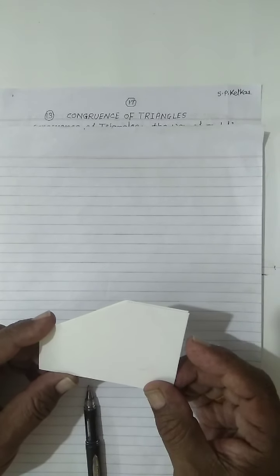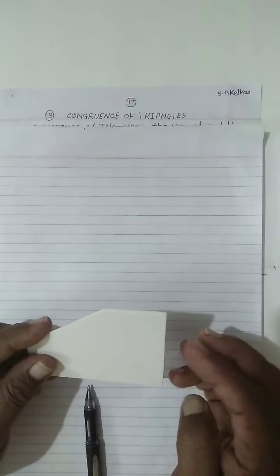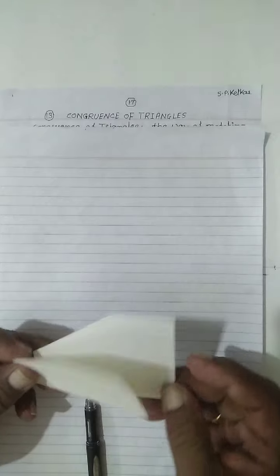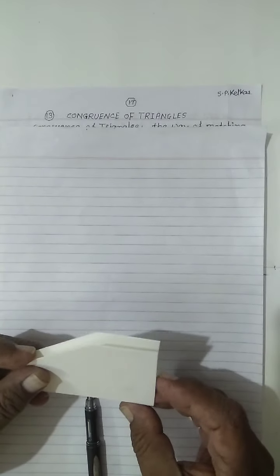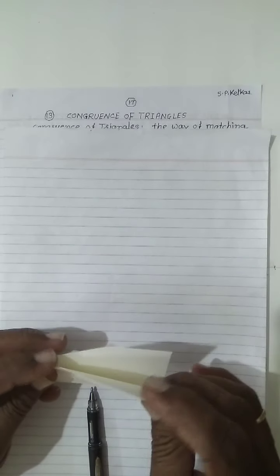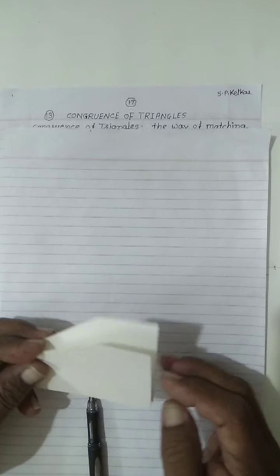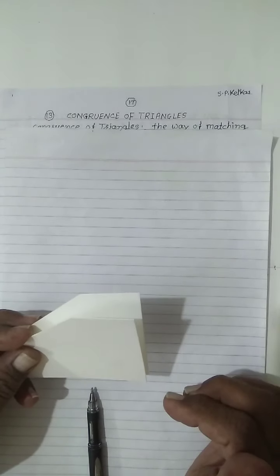Now, in this figure, we can say that the segments of equal length, these segments and this, are equal in length, and these two segments are also of equal length. This angle and this angle are right angles.